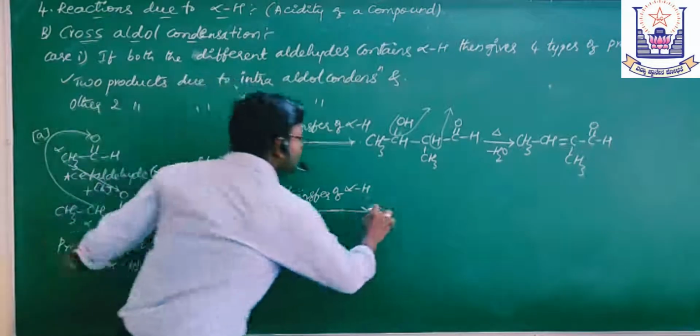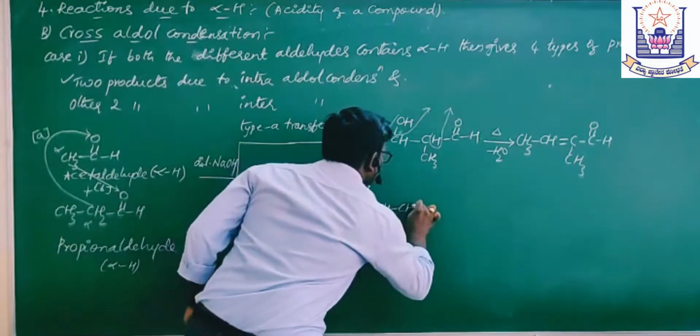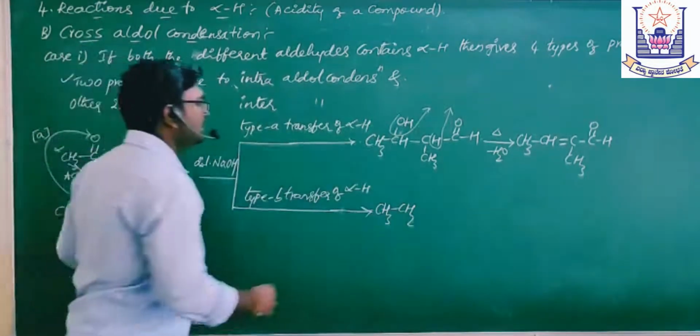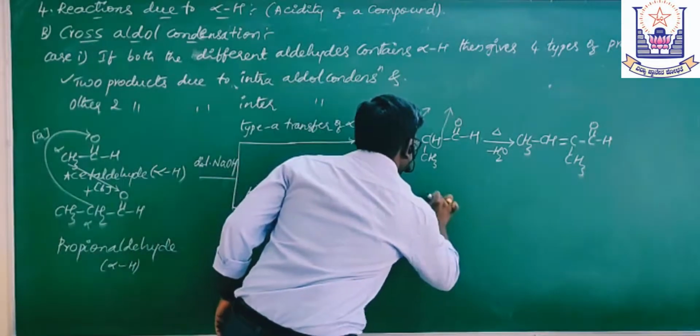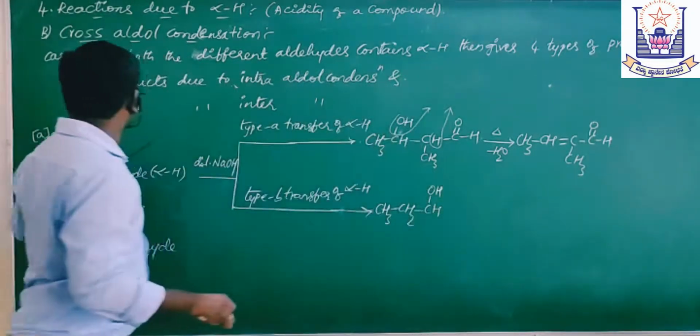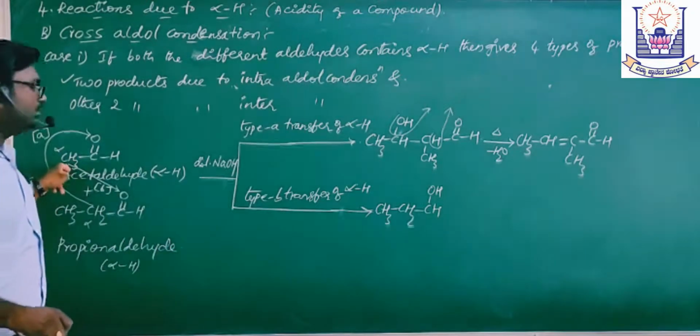Now let's write that, CH3 CH2. Then it will become a CHOH. Then after losing one hydrogen, it will be CH2.